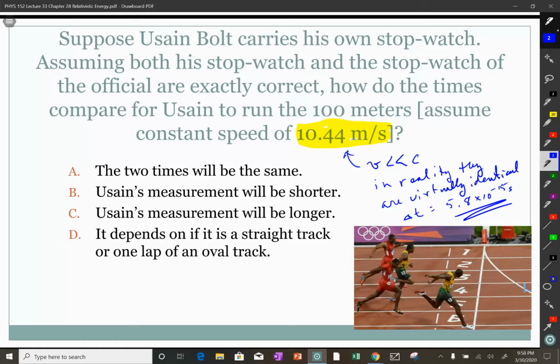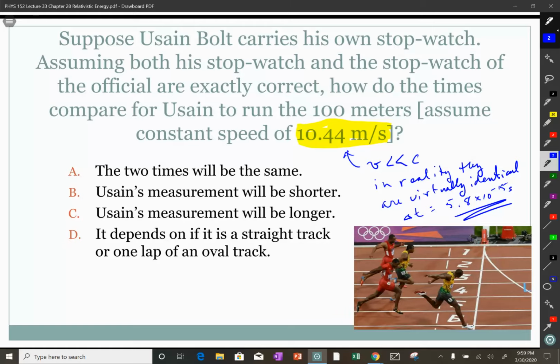So we have two reference frames here. We have Usain's reference frame, where he sees himself as stationary and the ground is flying by at 10.44 meters per second. Or we have the official's reference frame, who sees himself as stationary and Usain is moving at 10.44 meters per second.